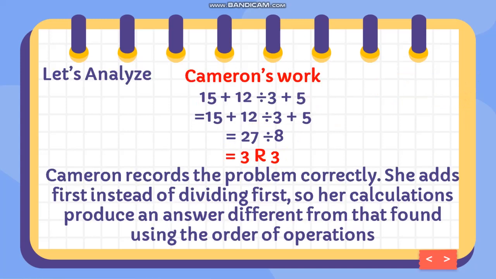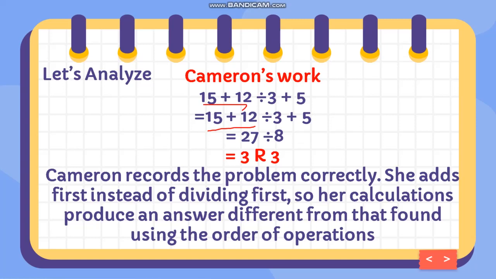So for Cameron's work, Cameron records the problem correctly, because the given is 15 plus 12 divided by 3 plus 5. She added first instead of dividing. So she added 15 plus 12, then after that, divide.